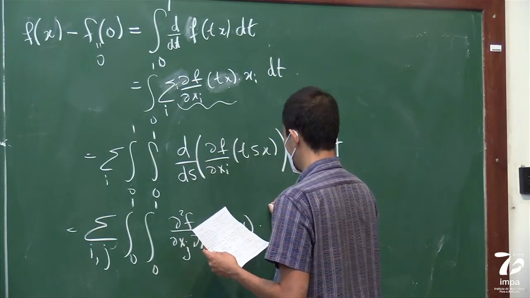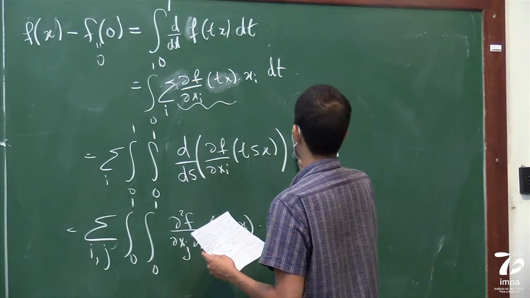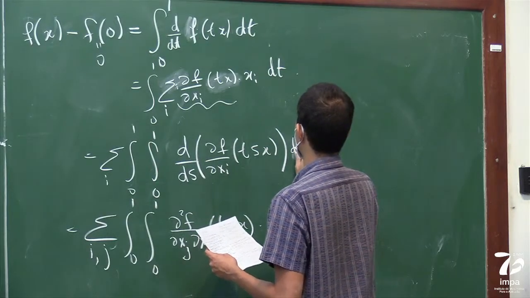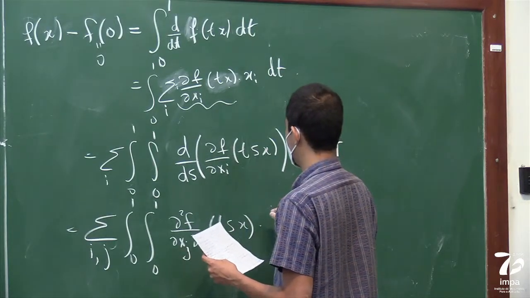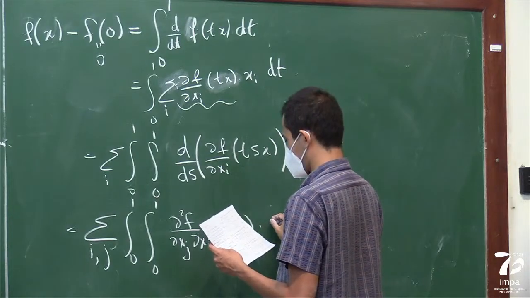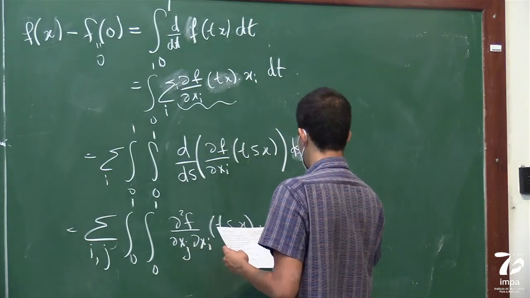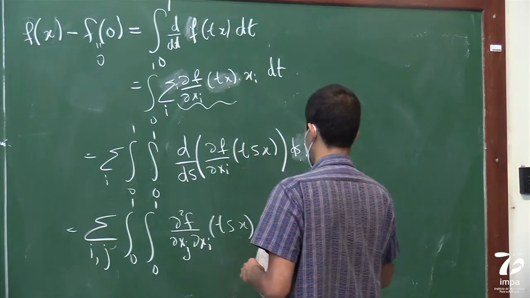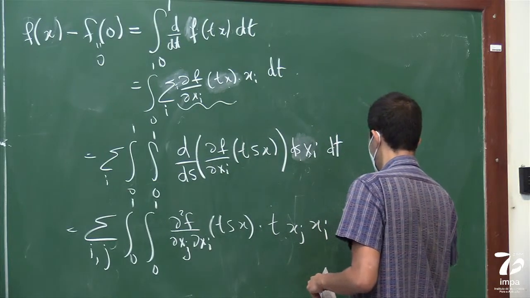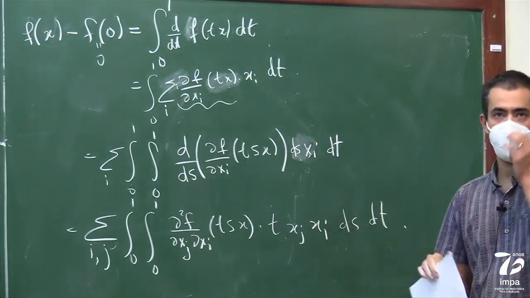So this is going to be times, oh no, I'm missing the xi. So then I'm going to have times t xj xi ds dt. There we go.